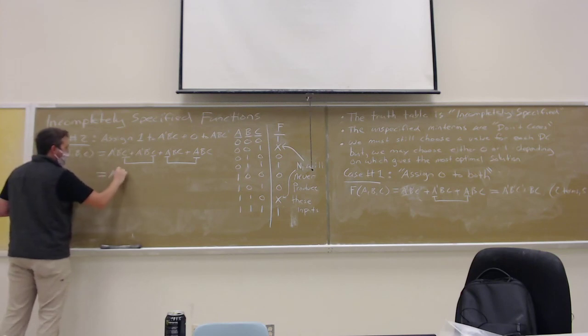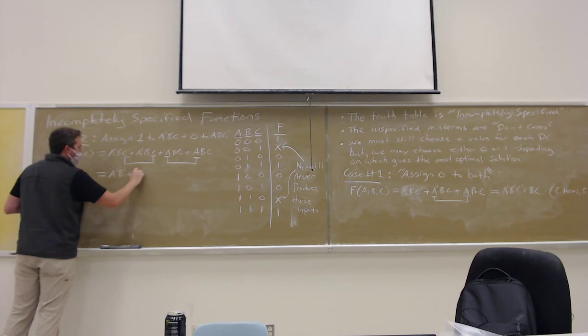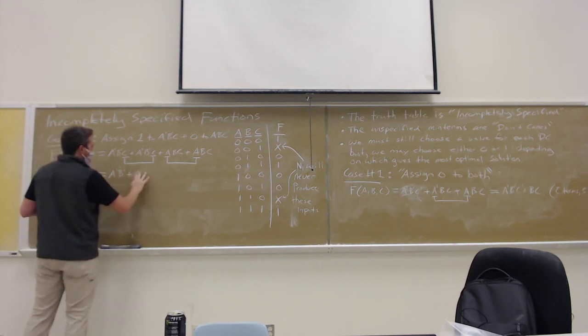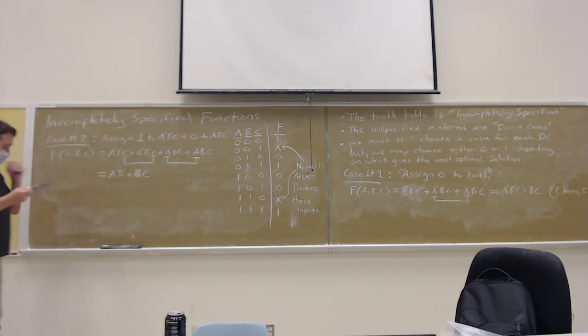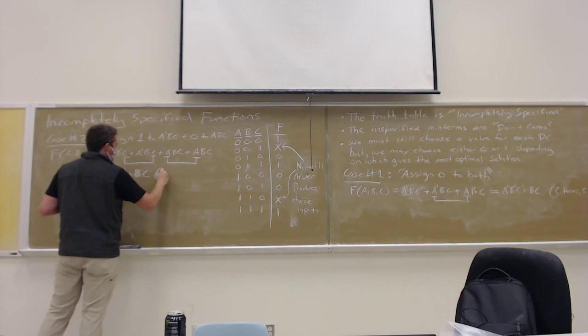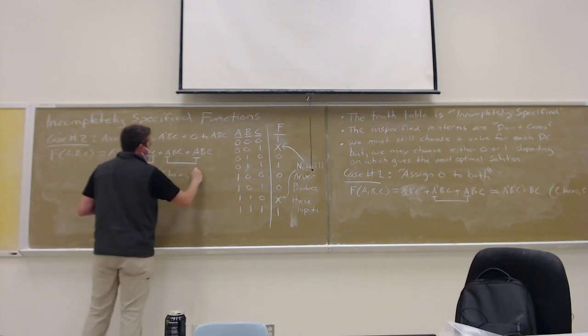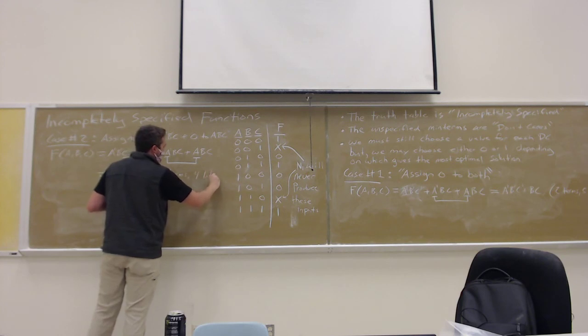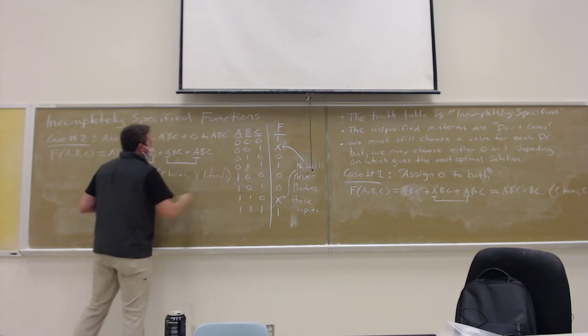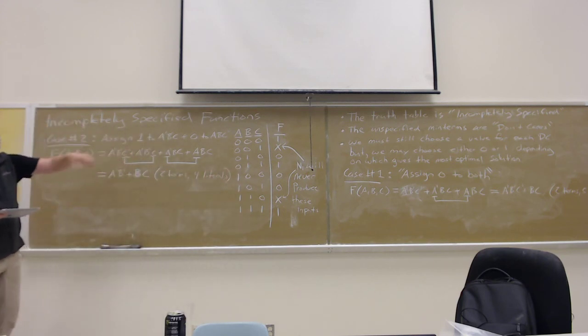A prime and B prime, or B and C, which has two terms and only four literals. So this one is an improvement over case one.